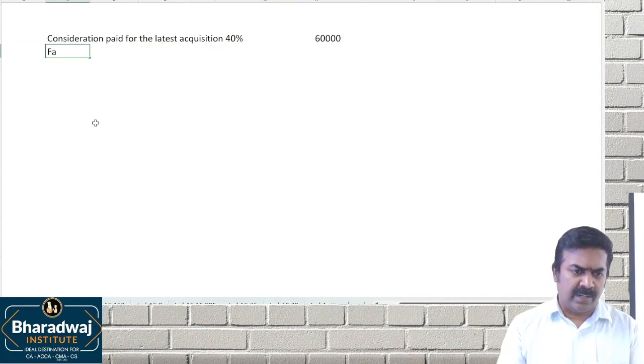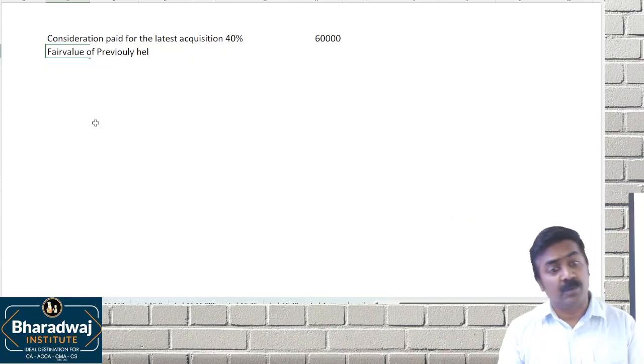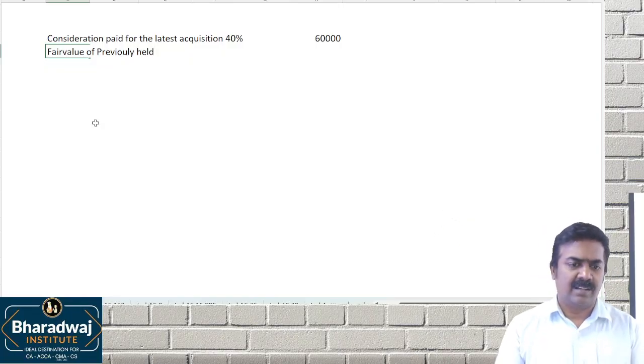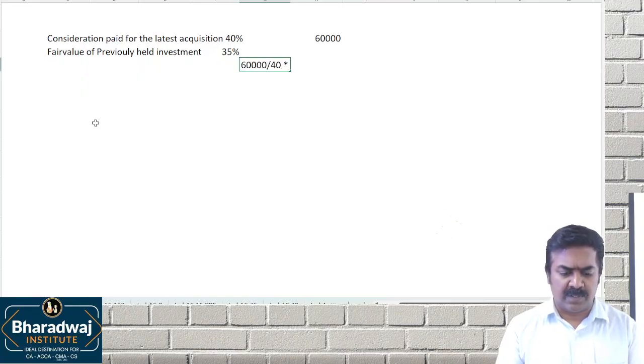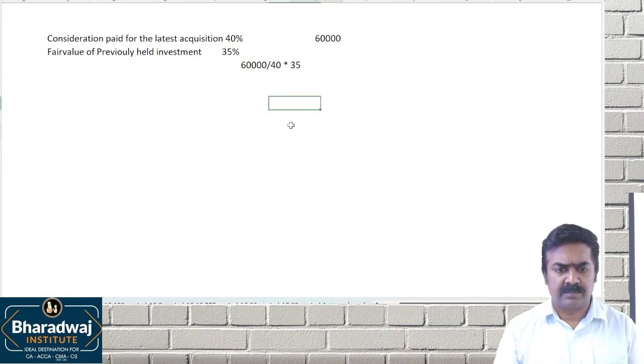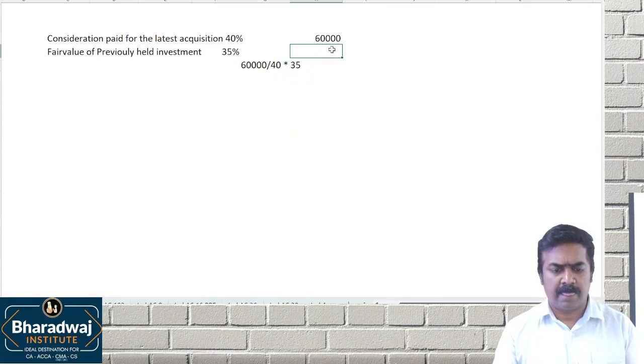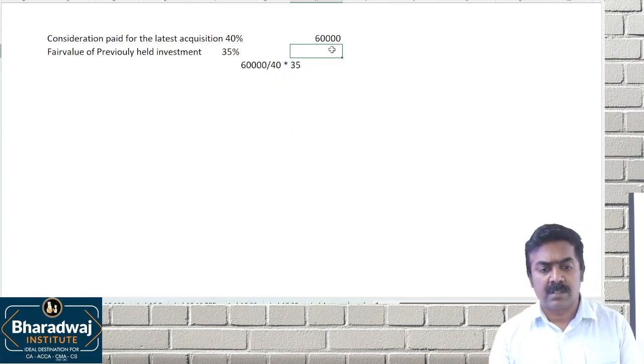Therefore, fair value of previously held investment today: how much is proportionate for 35%? 60,000 if it is for 40, what is for 35?